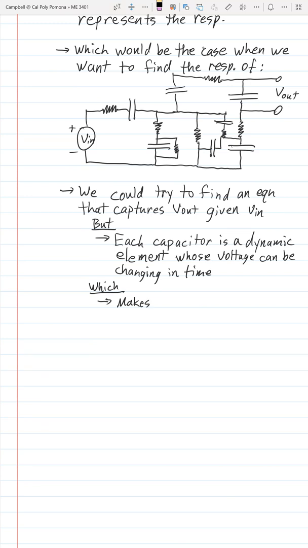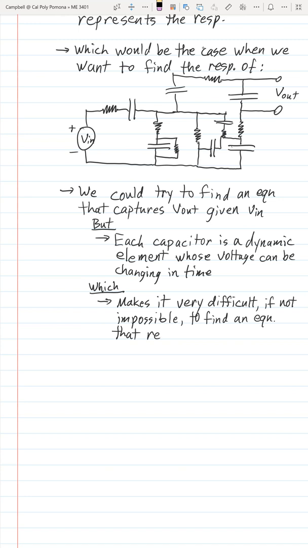And so we can see that it makes it clearly difficult, if not impossible, so tying it into what I said before, to find an equation that relates V out to V in terms of the response in time.